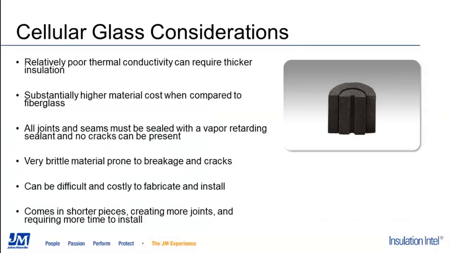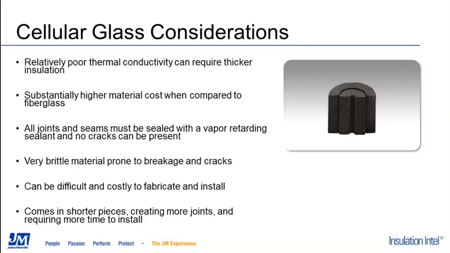There are some other important aspects to keep in mind for cellular glass. I mentioned it has the highest K value, or the poorest thermal conductivity of all the materials we're reviewing. And that means you need thicker insulation to achieve similar insulating performance to other materials with lower K values. Needing greater thickness adds to material cost and can be a concern if there are spacing constraints in the application.